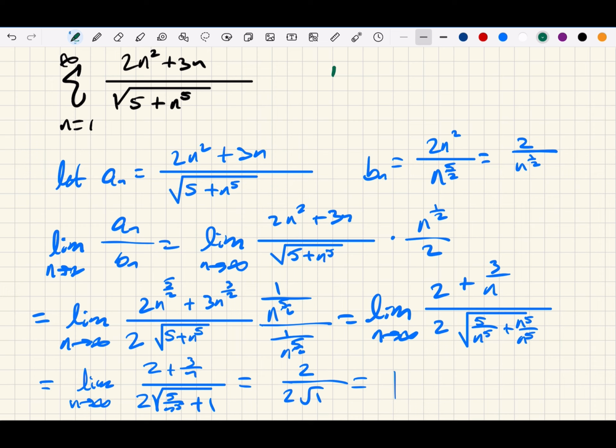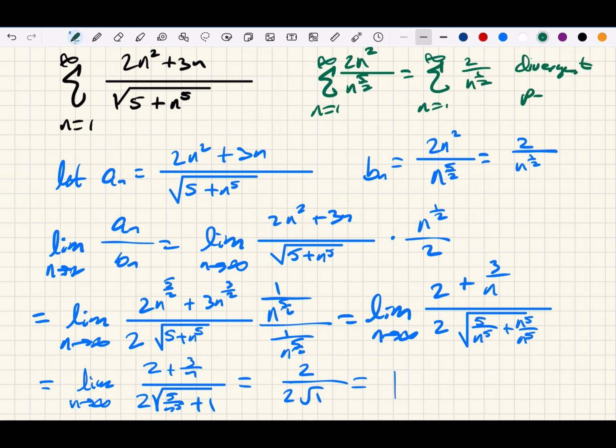So I'm going to have to say, all right, sum n equals 1 to infinity of 2n squared over n to the 5 halves is equal to sum n equals 1 to infinity of 2 over n to the 1/2, which is a divergent series. Okay, great.